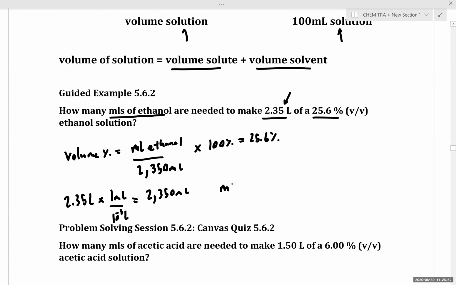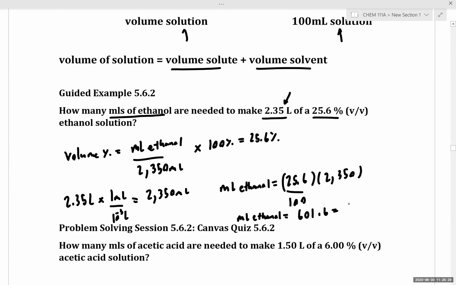So then, solving for the milliliters of ethanol, we get 25.6 over 100 times 2,350. And that in turn gives us 601.6 that we round to 602 milliliters.